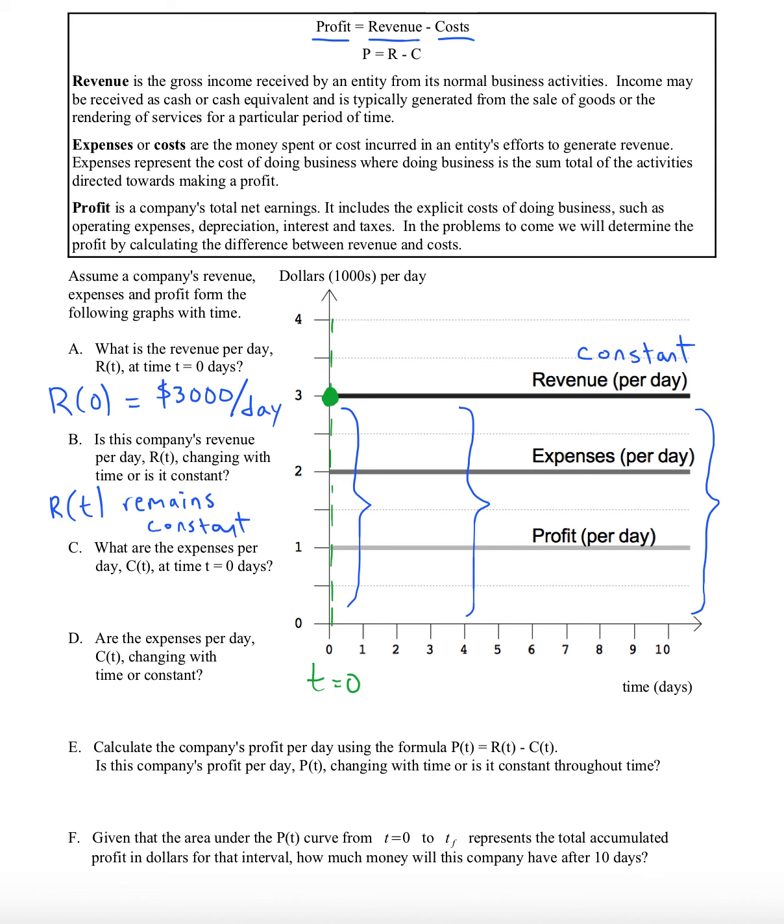What about the expenses or costs per day at time 0? Well, C of 0 looks like $2,000 per day. Are the expenses per day changing with time or staying constant? They're remaining constant.